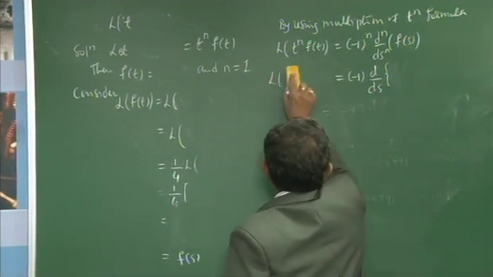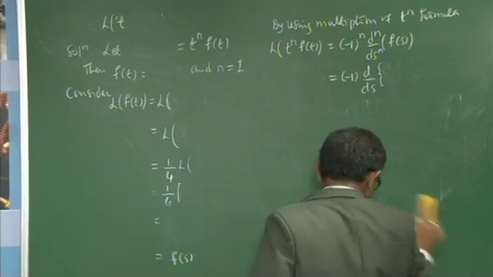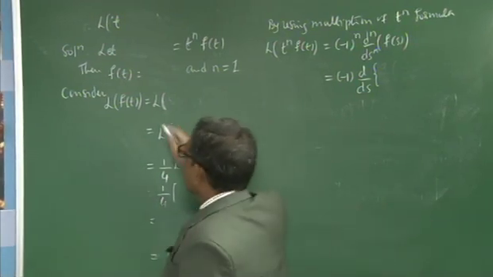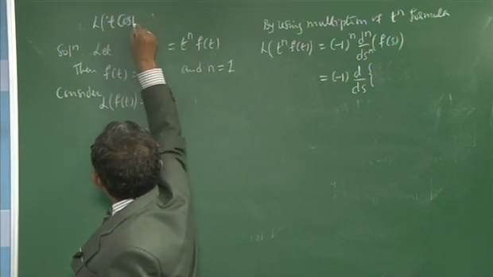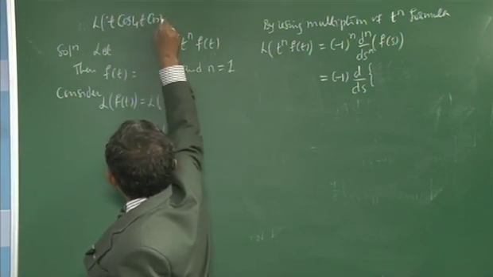Third example, it is t into cos 4t cos 3t.